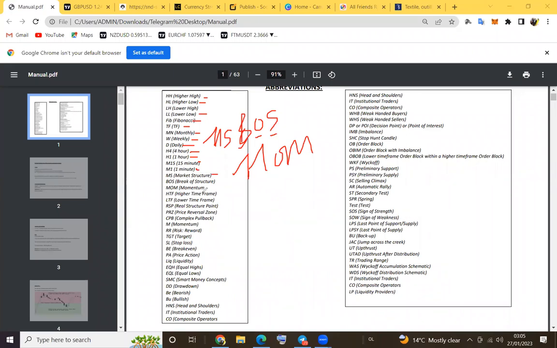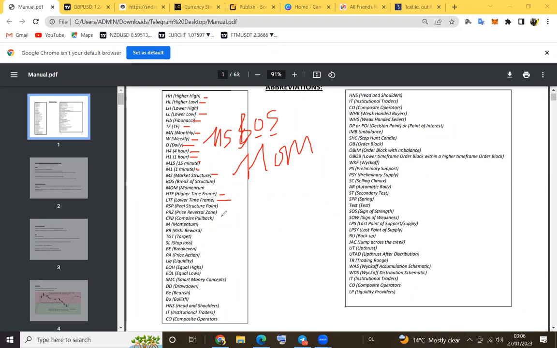When you see HTF, it means higher time frame. When you see LTF, it means lower time frame. RSP means real structure point. CPB means complex pullback.